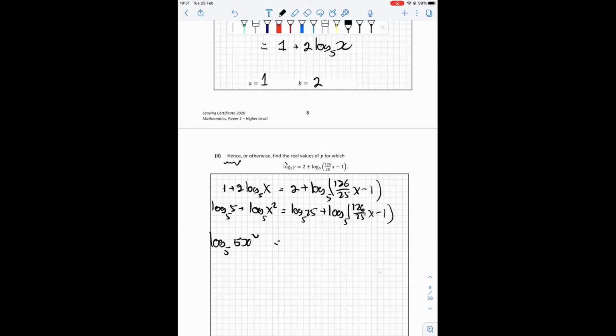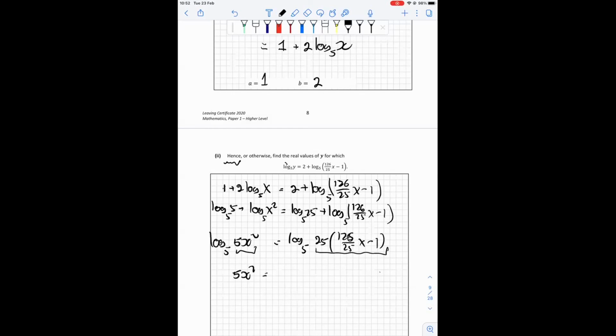And log plus log is log of the multiplication. Log is equal to log. The base is the same base. Therefore, the inside has to be equal to the inside. So I continue from here without the word log.